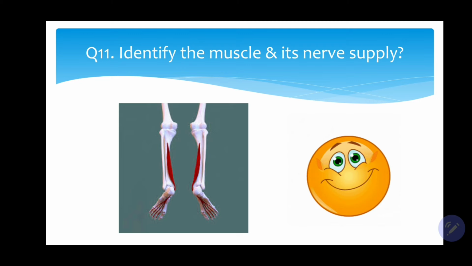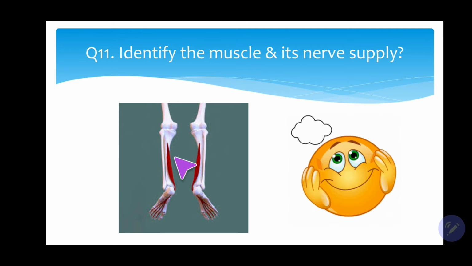The medial most is unipinnate, and the lateral three are bipinnate. These lumbricals also take origin from the tendons of flexor digitorum longus.